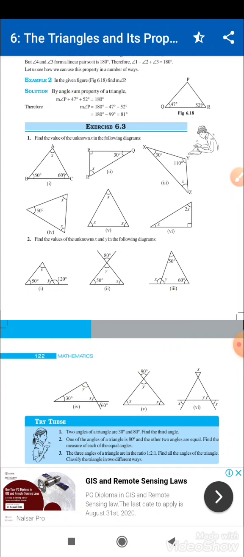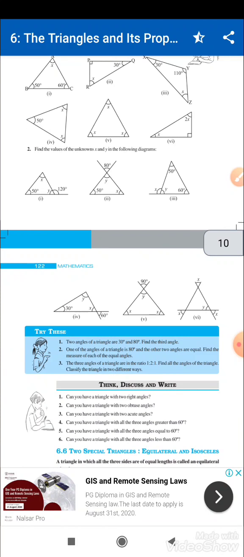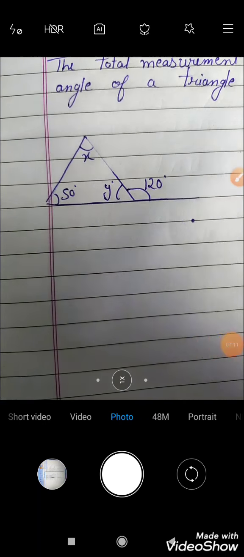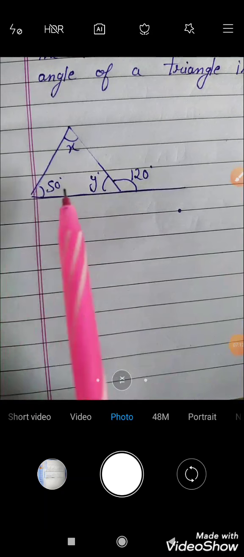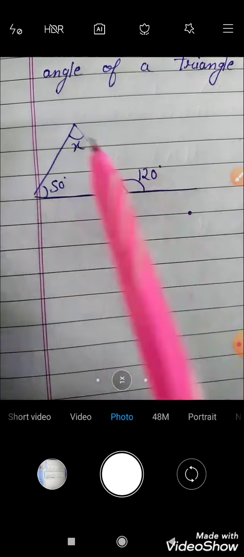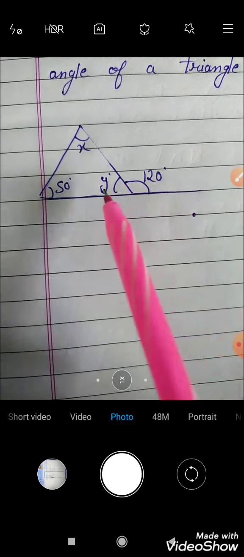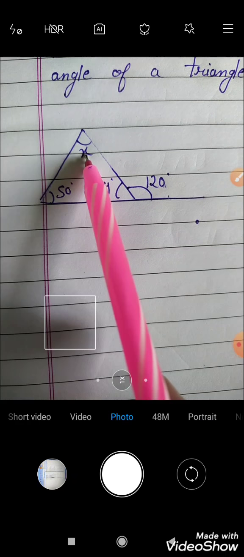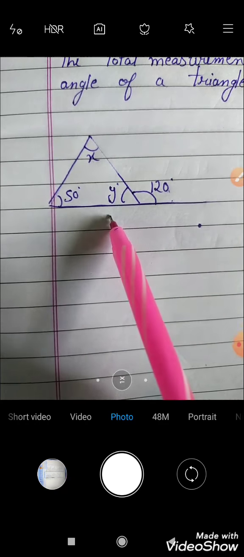Now move to our second question. In this second question we have to find the value of unknown x and y in the following diagrams. So here you can see diagram of the first part of the second question. In this diagram a triangle is given here and its exterior angle is 120 degree, and we have to find out the value of unknown x and y.